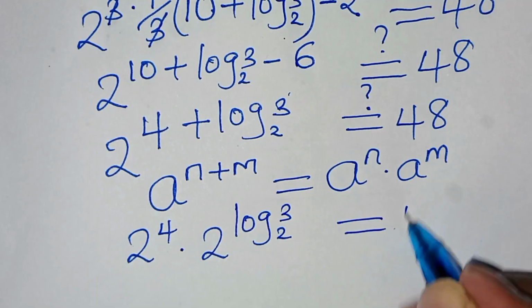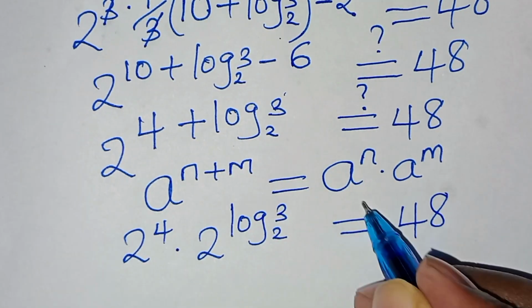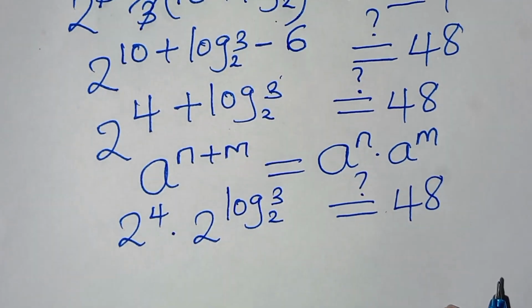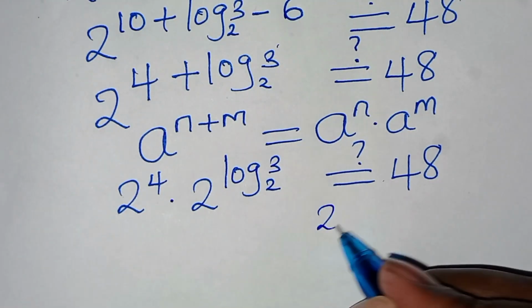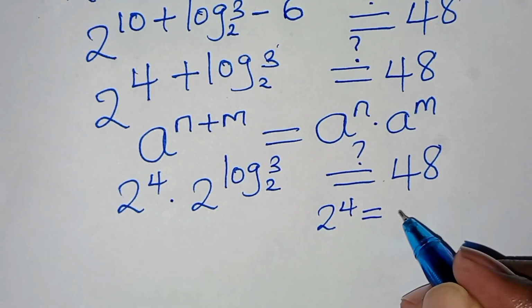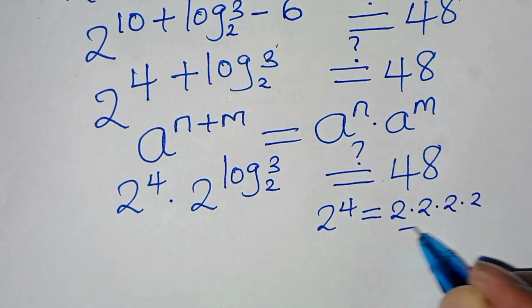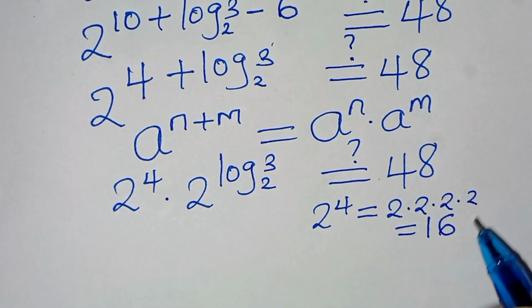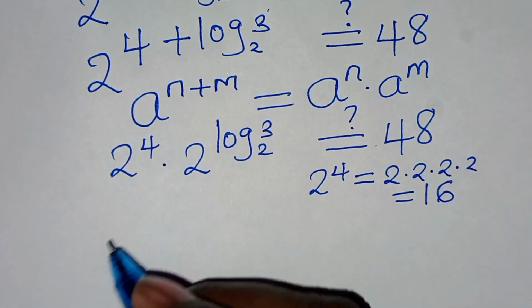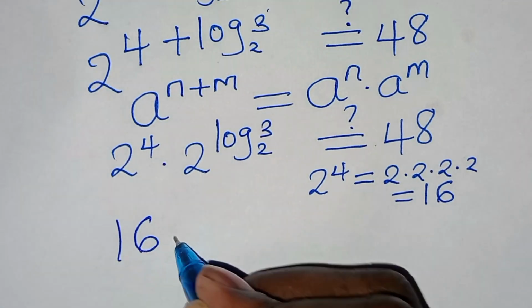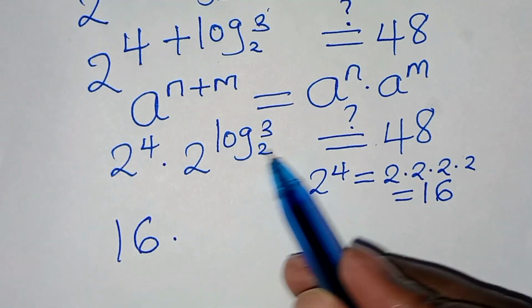This is supposed to give us a value of 48. Now 2 to power 4 here is the same thing as 2 times 2 times 2 times 2, and this is equal to 16. So here we have 16 multiplied by 2 to power log 3 to base 2.